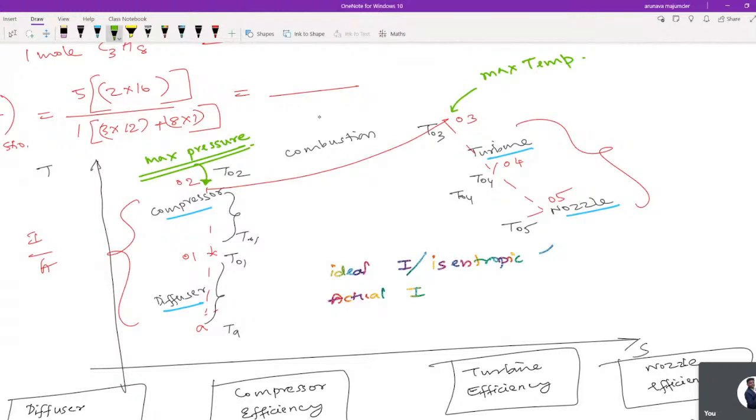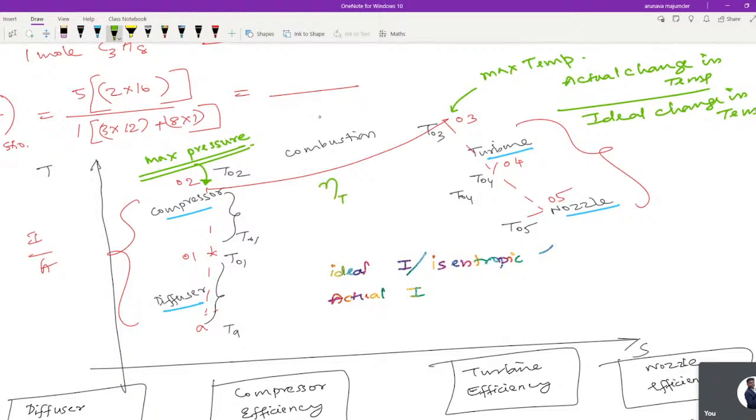What I said for this side, this one we have the actual change in temperature by the ideal change in temperature, right? There may be confusion about which one to give prime when you are making it. So when you're making it for the turbine, just make the difference T naught 3 minus T naught 4 by T naught 3 minus T naught 4.